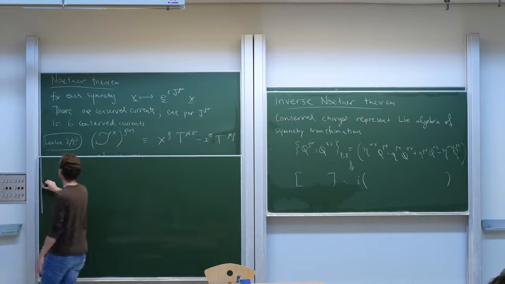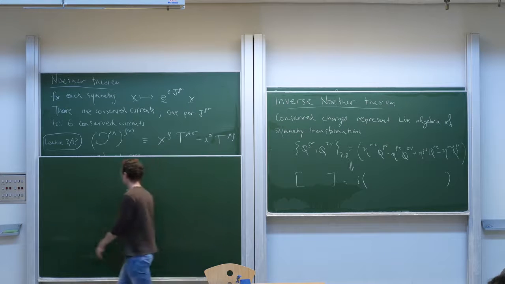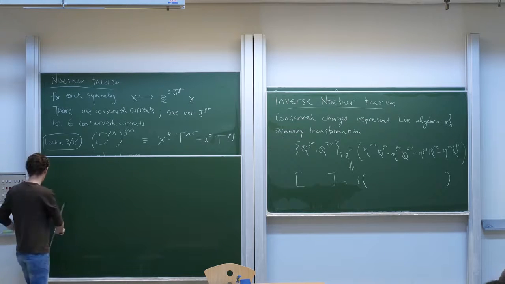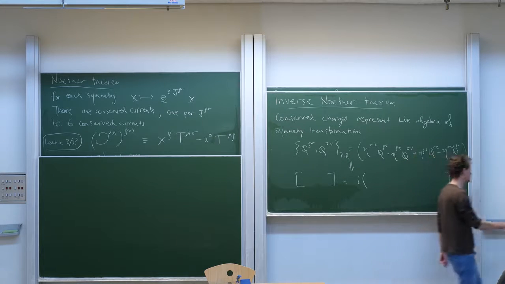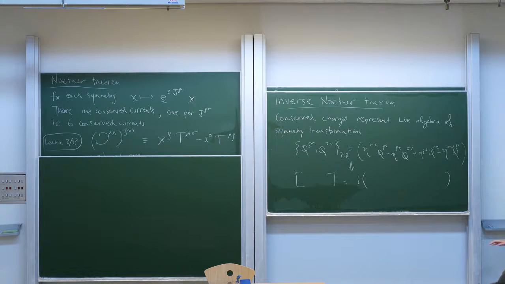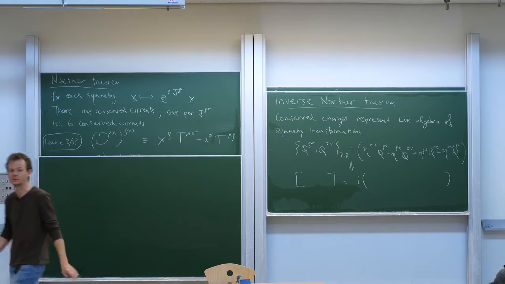So this works for free theories. This idea of using Noether's theorem and the conserved charges. But things fall apart when you go to interacting theories, and all kinds of horribilities can occur.